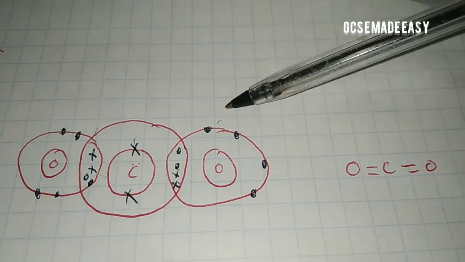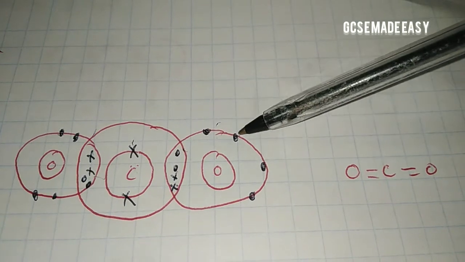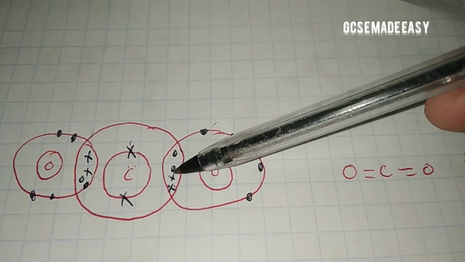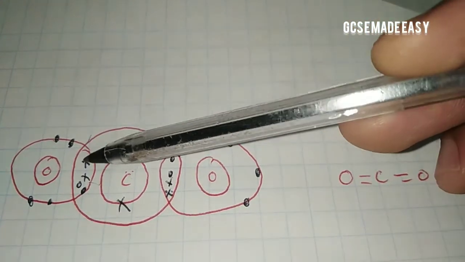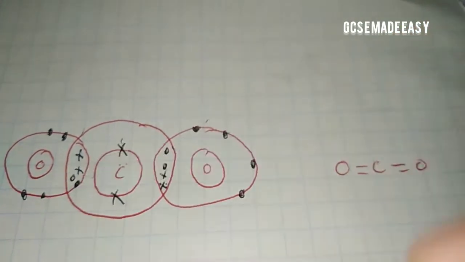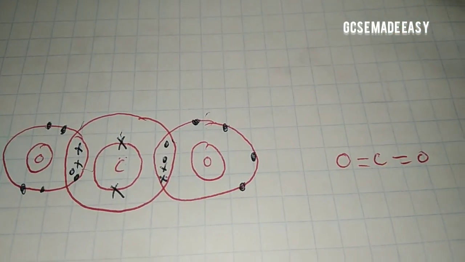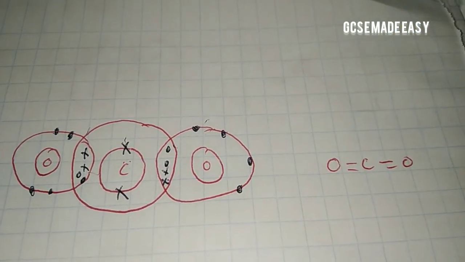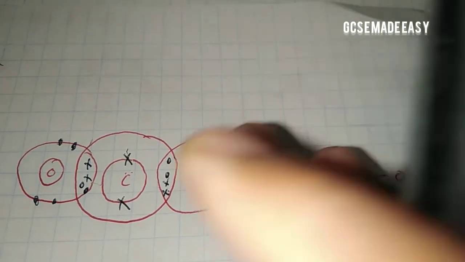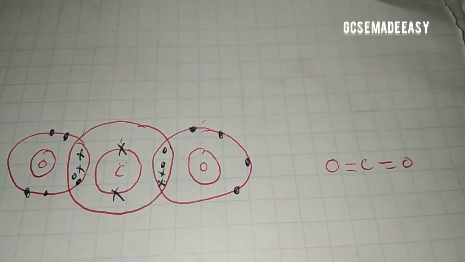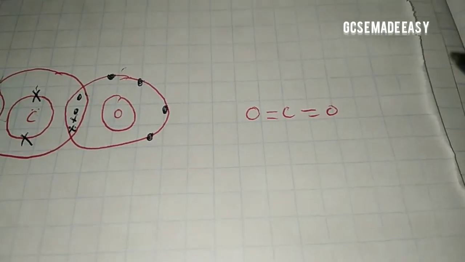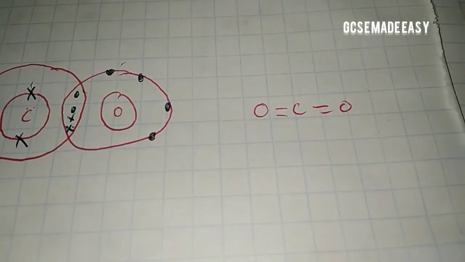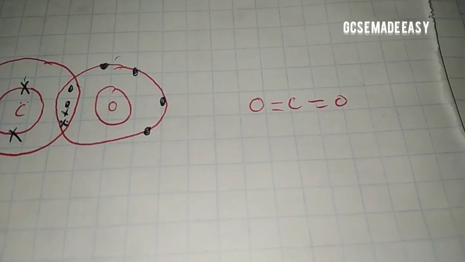So if we are to count for oxygen, it's going to be 1, 2, 3, 4, 5, 6, 7, 8. That's for oxygen. So that means we have obtained a noble configuration for the 2 atoms, carbon and oxygen. And this is how we show the bonding of carbon dioxide.